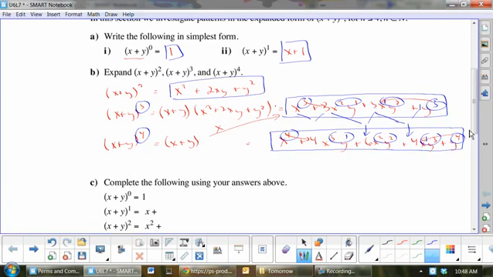Since this is your theorem, what would it look like? If I was doing (x + y)^5, what would it look like? Just give me the coefficients first. Okay, how are you getting 7?